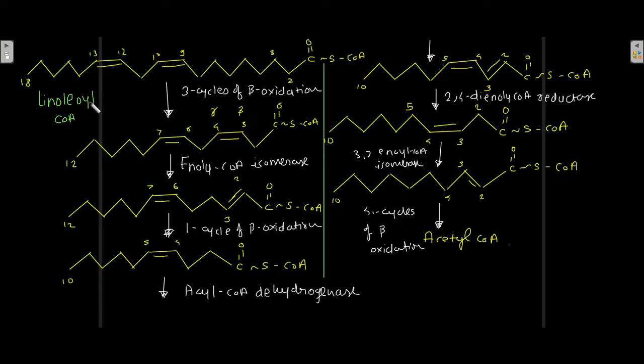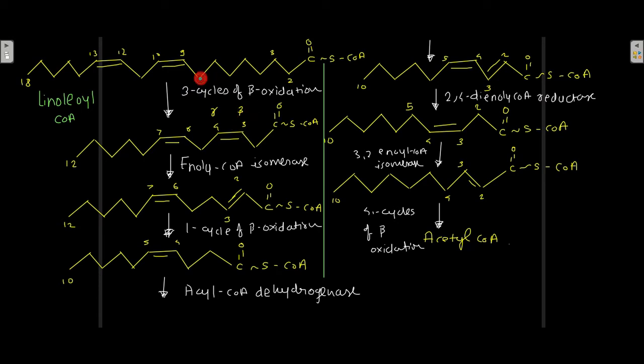Initially it is subjected to 3 cycles of beta oxidation, and 1 cycle of beta oxidation takes out a 2 carbon unit. So 3 cycles will take out 6 carbon units, and that is why this molecule comes from 18 carbons to 12 carbons after 3 cycles of beta oxidation.